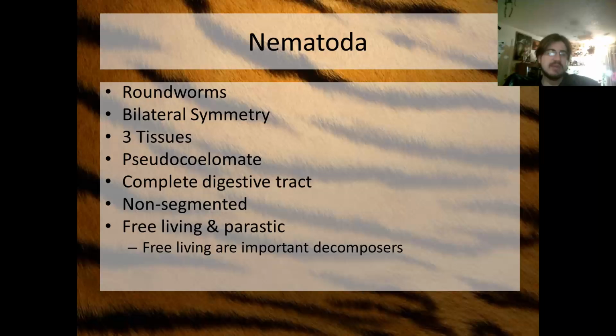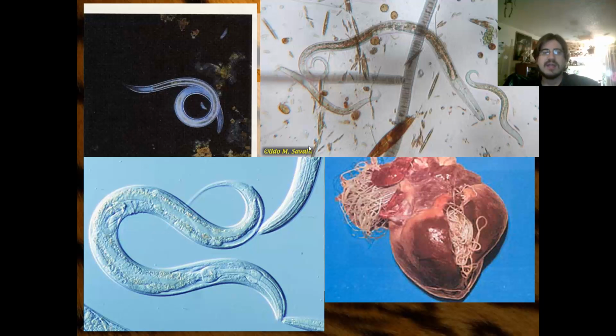The free-living nematodes are actually very important decomposers in their natural environments. The parasitic nematodes include, as I just said, heartworms. So let's take a look at some nematodes here. Top picture is 2 free-living nematodes right here. In fact, I think all 3 pictures here are free-living nematodes.